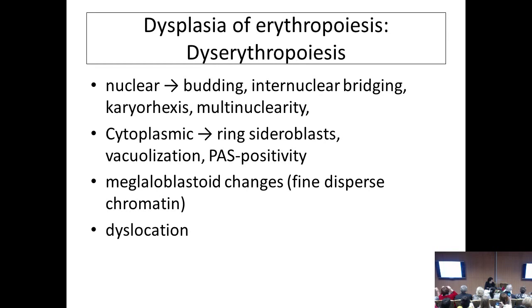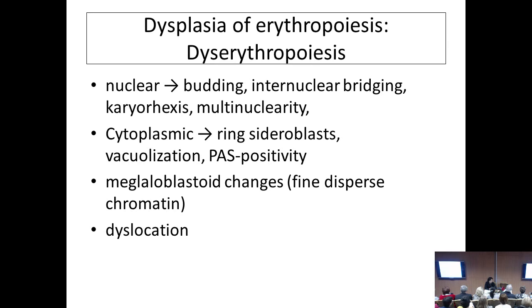On the cellular level, there are a couple of criteria which can be exploited to recognize maturation atypia. With regard to the nucleus, there is budding, there are internuclear bridges, then there is apoptosis with karyorrhexis, and some precursors show multiple nuclei, so multinuclearity. With regard to the cytoplasm, there can be ring sideroblasts, as I told you already.